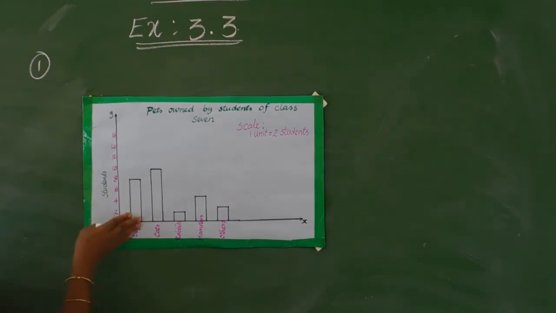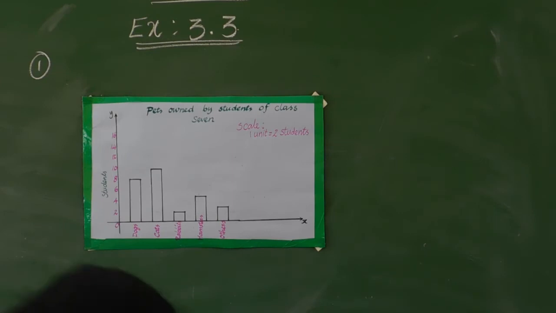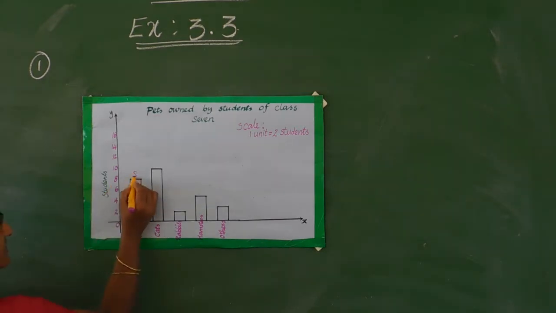See the graph for dogs. How many students have dogs? How much is the height? The bar shows a height of 8, so the number of students who have dogs is 8.